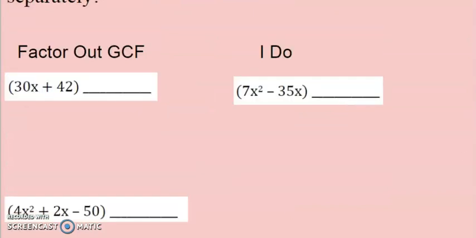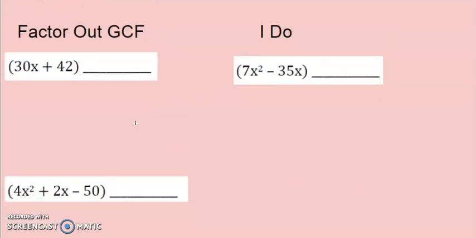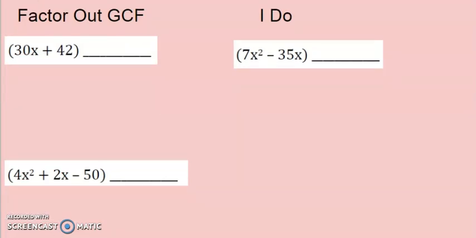Okay, let's do these. Factoring out the GCF. 30x plus 42. We could do this using the cake method. 30x plus 42.